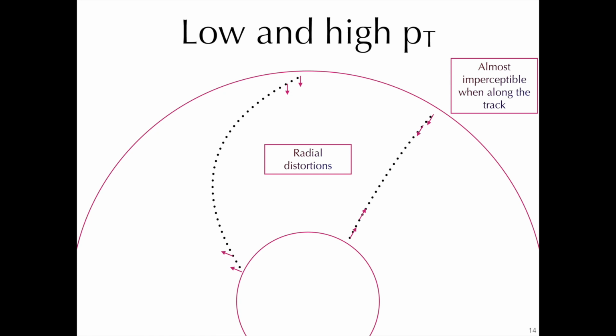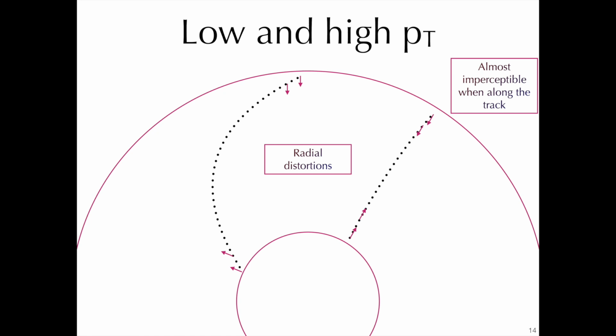You can see that radial displacement for a low PT track is going to twist the track that we reconstruct. When you look at the high PT track, the displacement is actually along the track itself when it's radial, because the track is radially oriented.